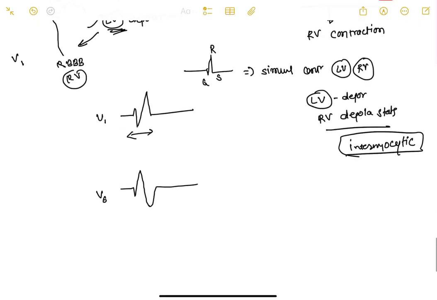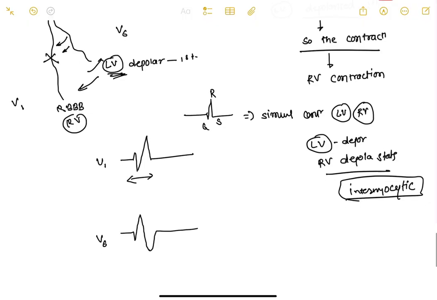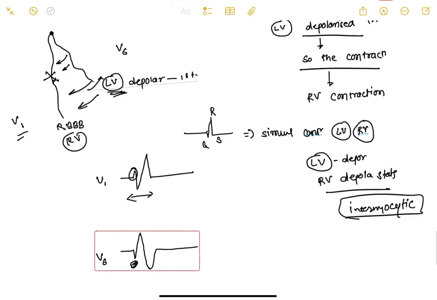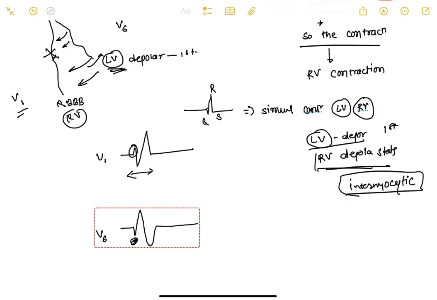Let's revise again. Initially the left bundle branch depolarizes, but since there is a blockage in the right bundle, V1 will note a normal positive deflection, and V6 will get a negative deflection. Now the left ventricle depolarizes first, followed by right ventricular depolarization. So when the left ventricle depolarizes, the current will flow towards V6.